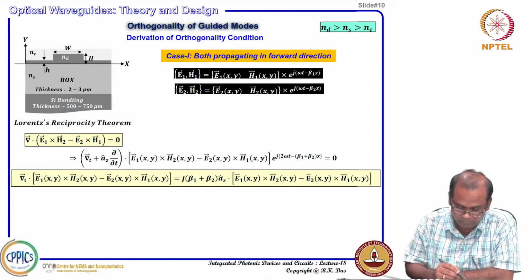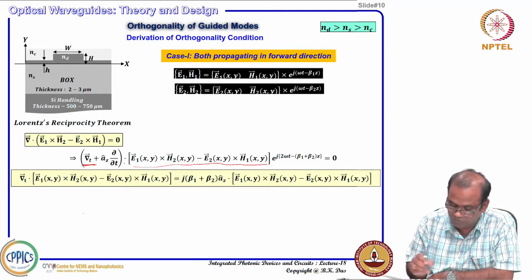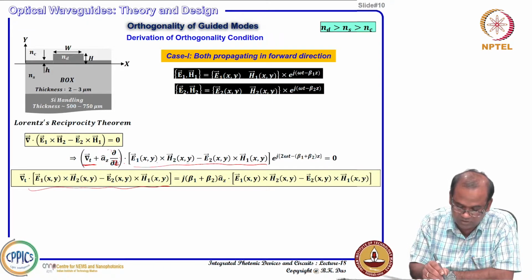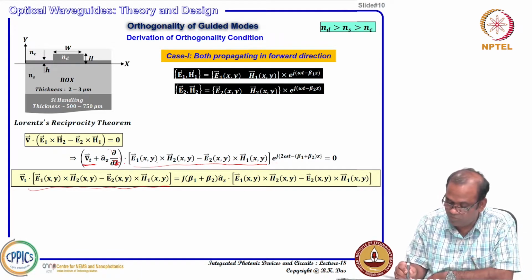What we do then, I just do this nabla t transverse dot, I have taken this one, this I have taken xy, and then this one if you operate here, all these are x. Okay, this should be del z, not t, del z. And then if you operate del z, what will you get?